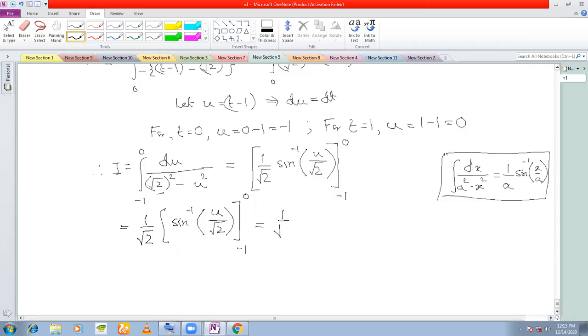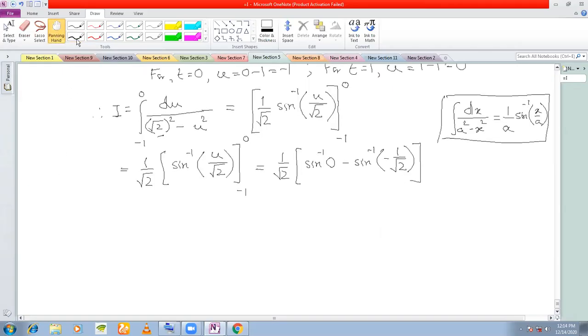So this is 1 by root 2 sine inverse. Put the upper limit first: 0. Sin inverse 0 minus sin inverse of, now put u is equal to minus 1, you get minus 1 by root 2. Right? And what is sin inverse of minus x? If you remember from your inverse circular functions, sin inverse minus x is minus sin inverse x.